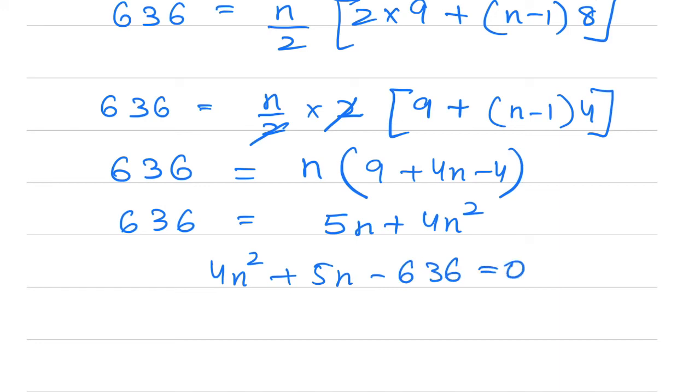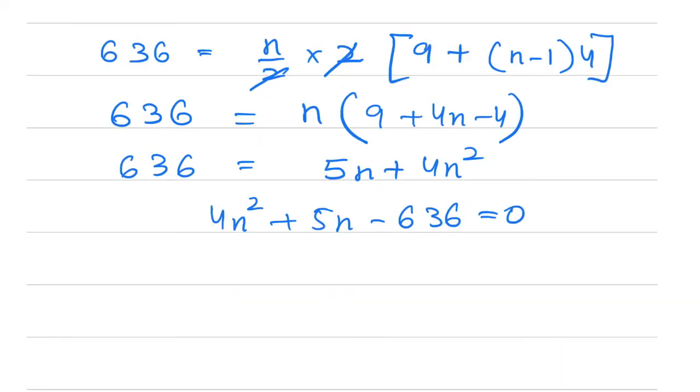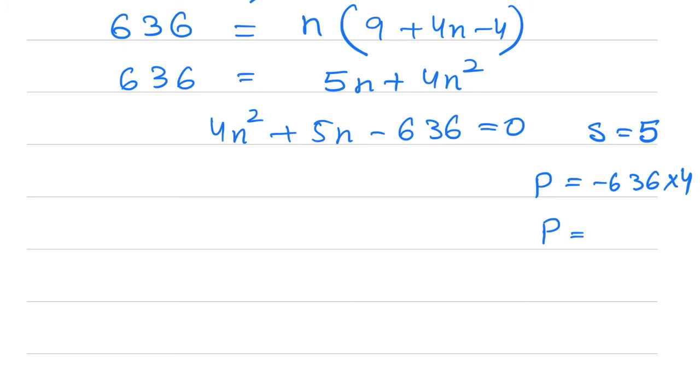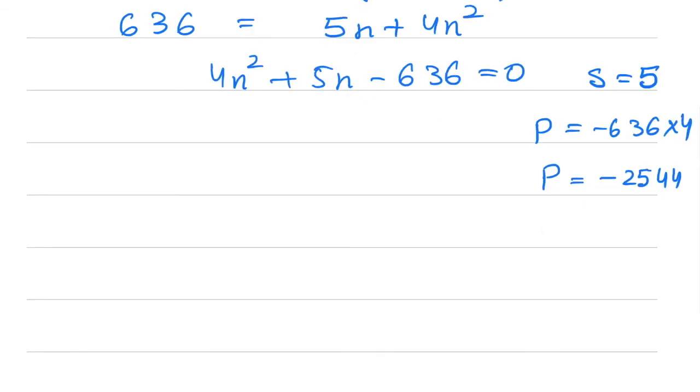Now we have to factorize this equation. So we have to look for the numbers whose sum is equal to 5 and product is equal to minus 636 into 4. Let's find out the factors.